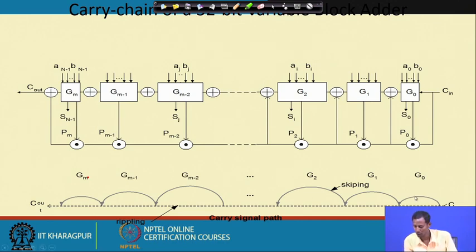Now if we consider more bits to compute the final carry over here, that will take time. To reduce that, we take the minimum number of bits at the LSB and MSB positions, and in the middle we consider more bits. So you can see this is the C in.